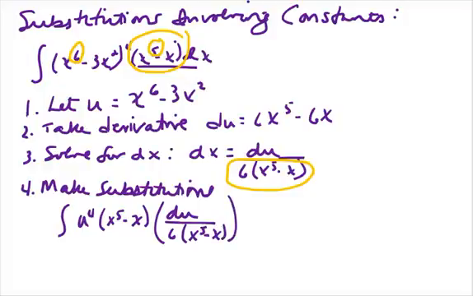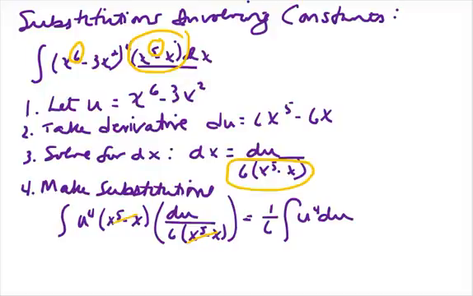So algebraically, these two terms will cancel out, and I'm going to pull out the 1/6. You're left with 1/6 the integral of u to the 4th du.